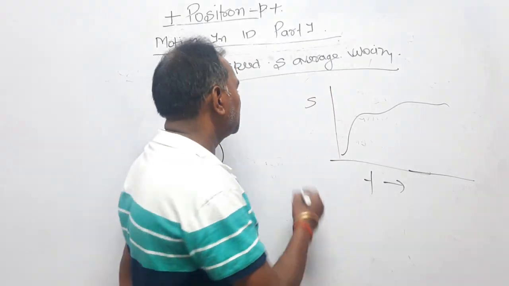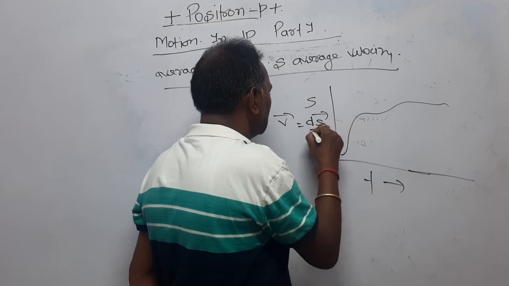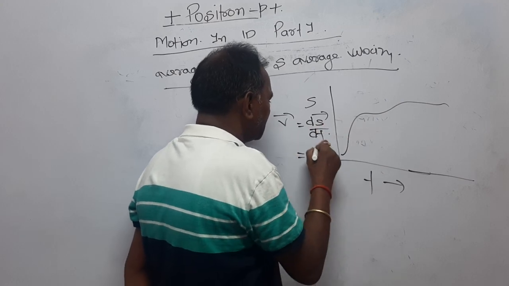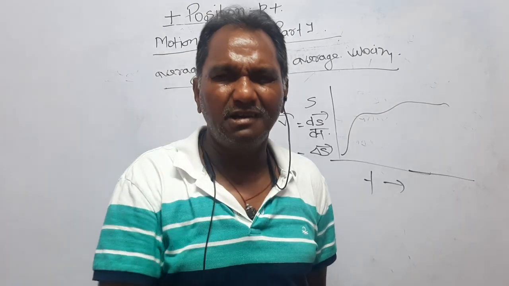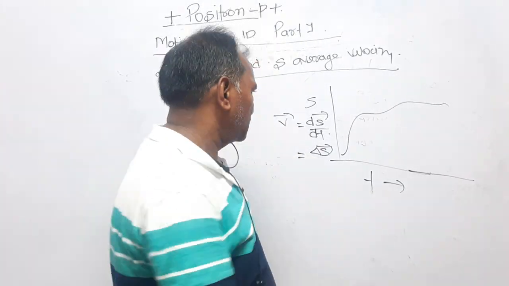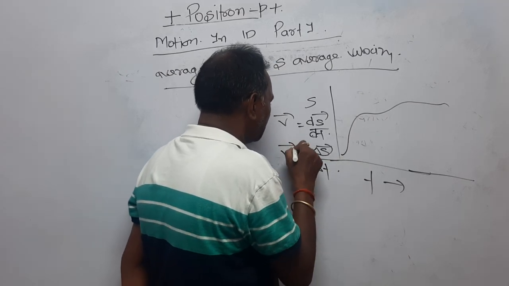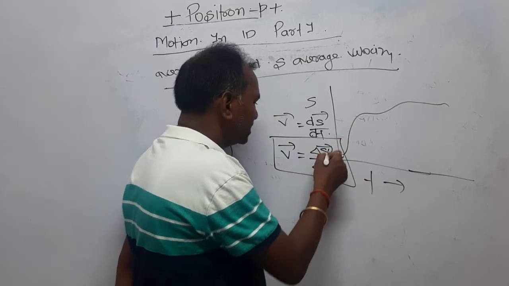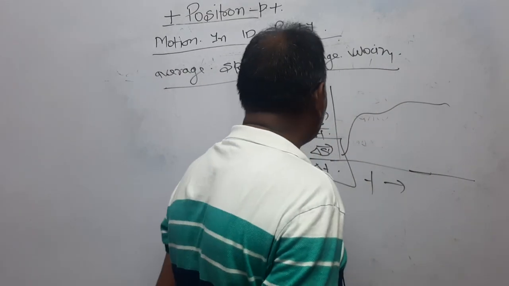You know, velocity is defined as ds upon dt. ds is just delta s, a little displacement between two very close points, and dt is the time interval, a very small time interval, delta s upon delta t, like this.